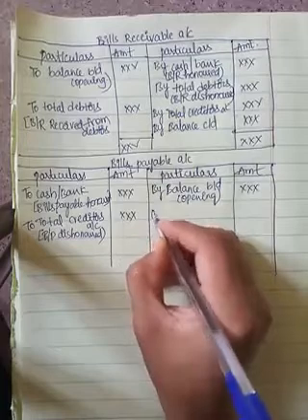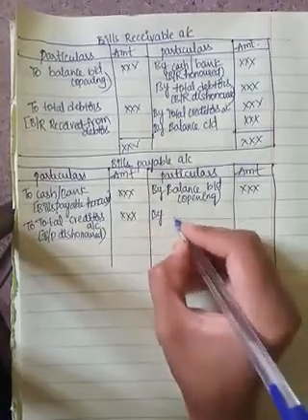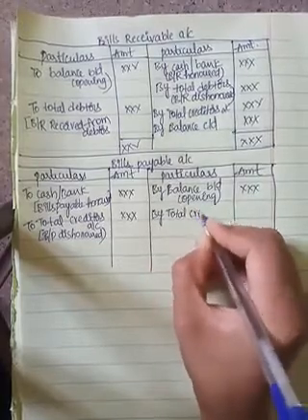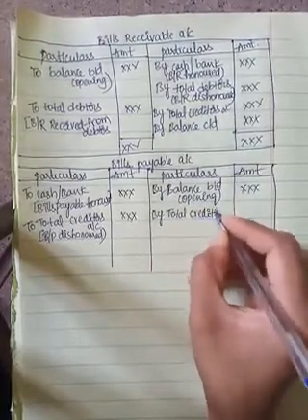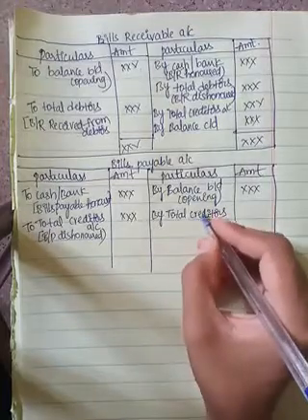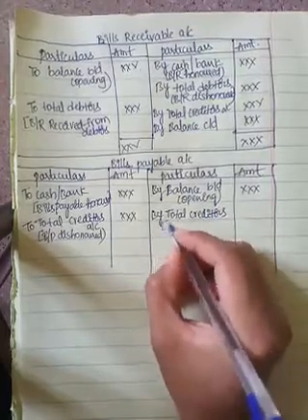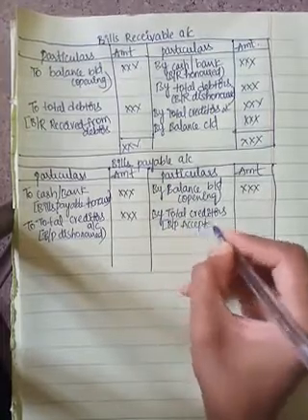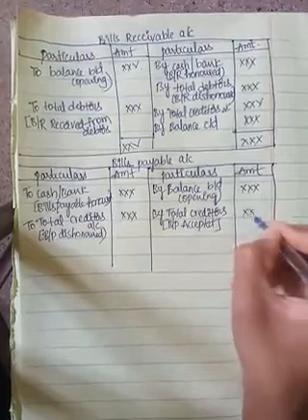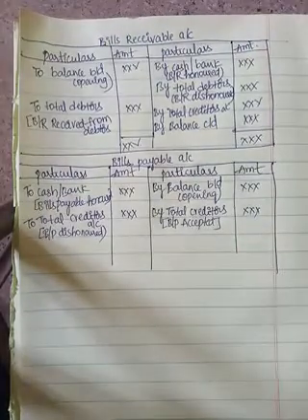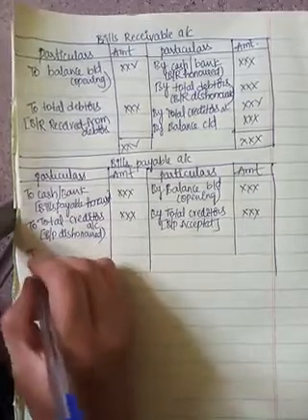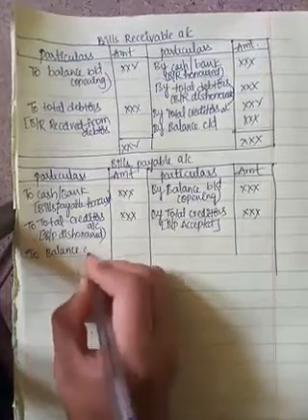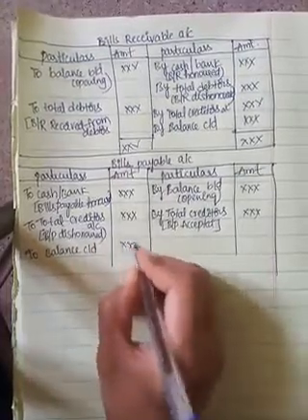Here is by total creditors, bills payable accepted. Next is to balance carried down.